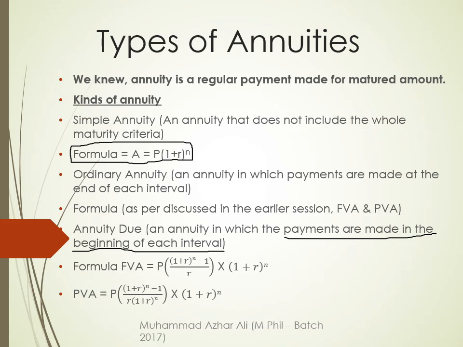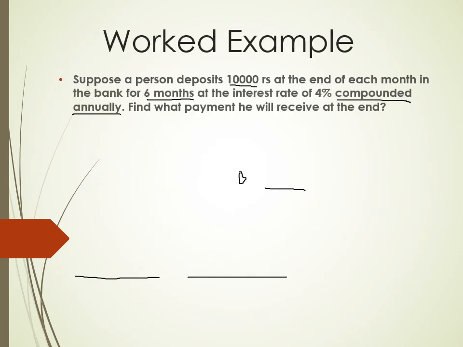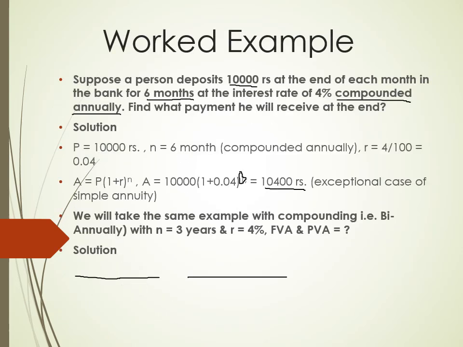So let's have a worked example of each kind. Okay, it is for the 3 years time period, and the 4% the same, but biannually. Compounding is biannually, so the future value of annuity with this type of criteria is 63,081.